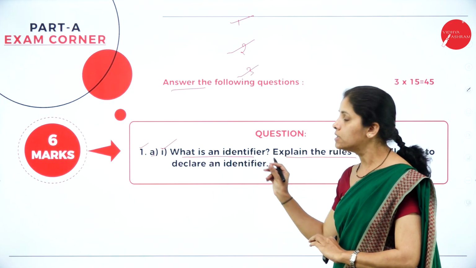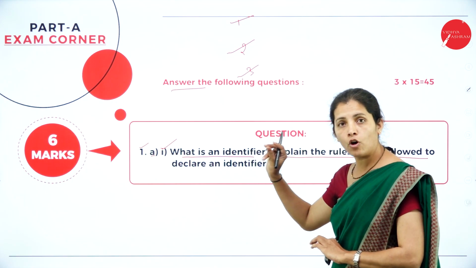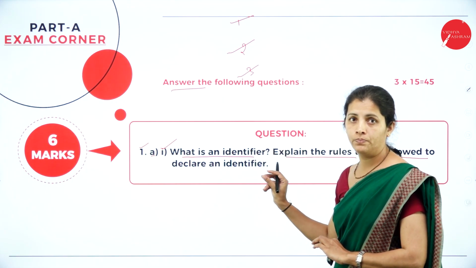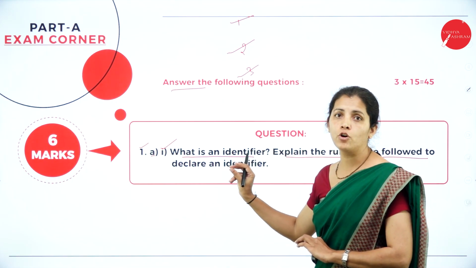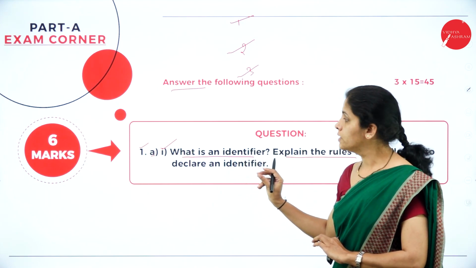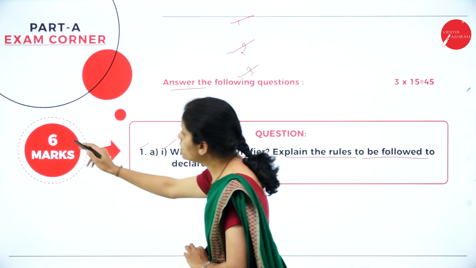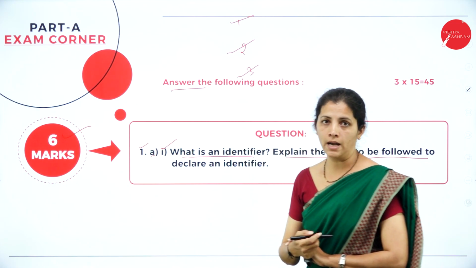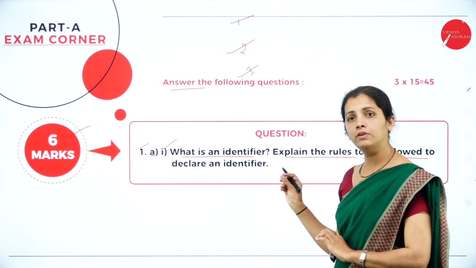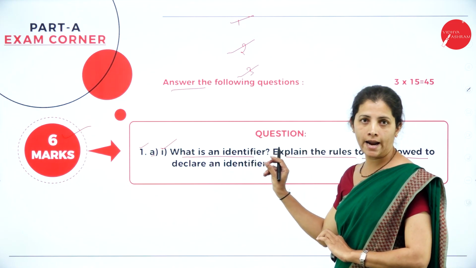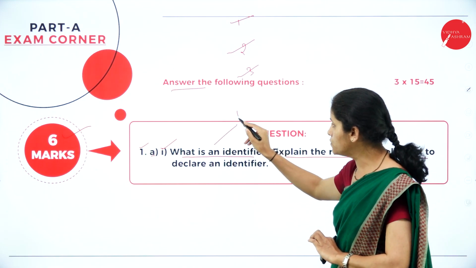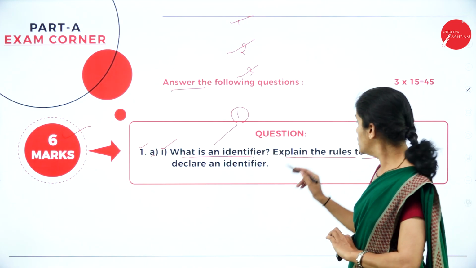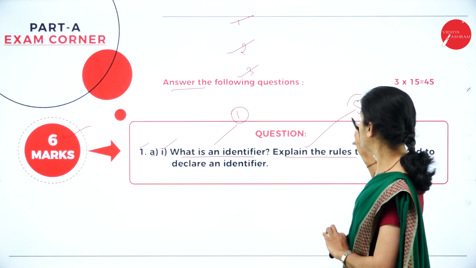So dear student, this question is from chapter 2. I repeat, this question is from chapter 2. And the weightage of the question is 6 marks. First, you have to define what is an identifier. It carries 1 mark and the rules carry 5 marks.